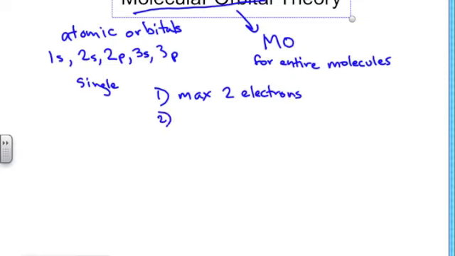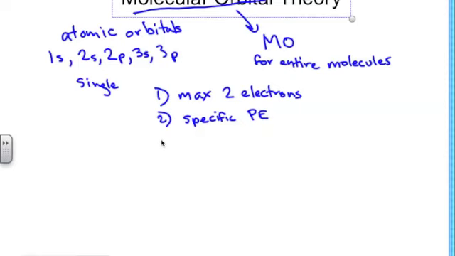Also, each of these orbitals has a specific potential energy associated with it. The closer to a nucleus something is, the lower that potential energy will be. Also, the shape and other factors have something to do with potential energy.